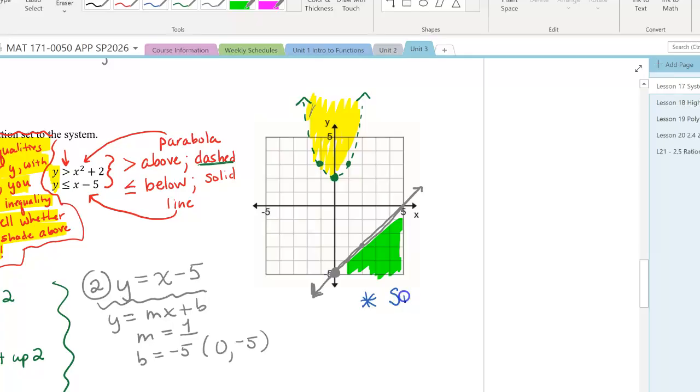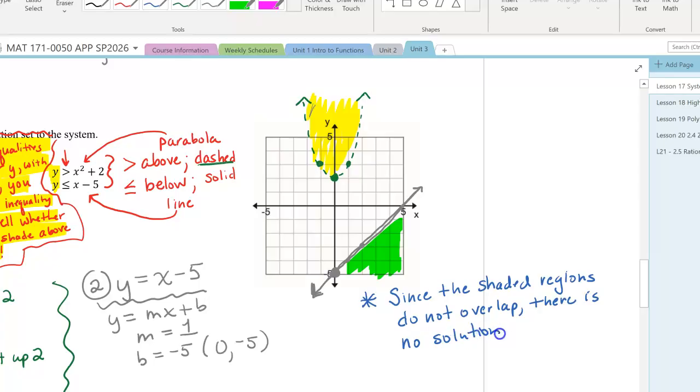Since the shaded regions do not overlap, there is no solution to this system.